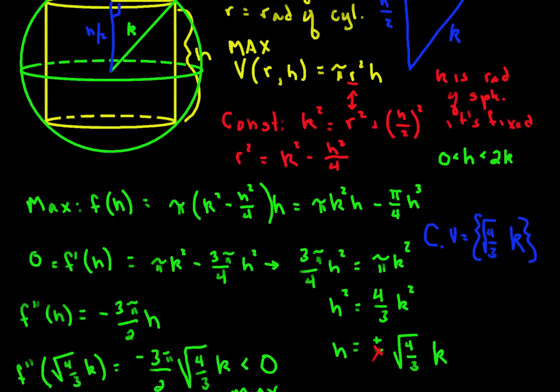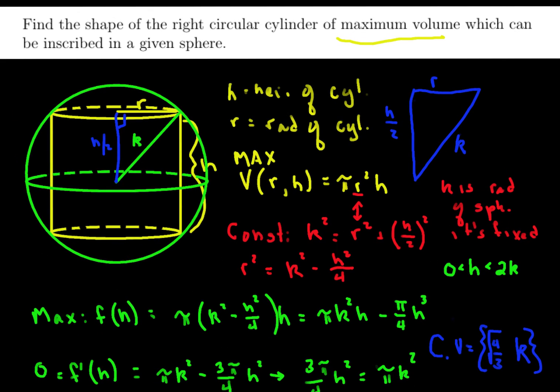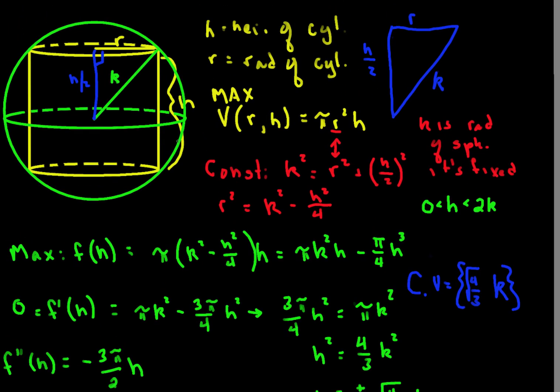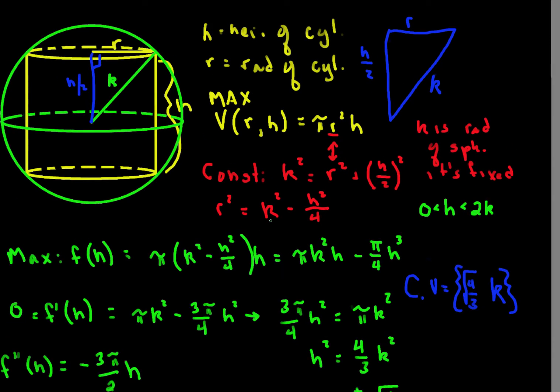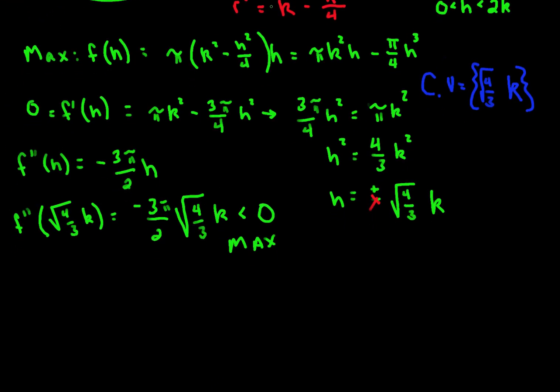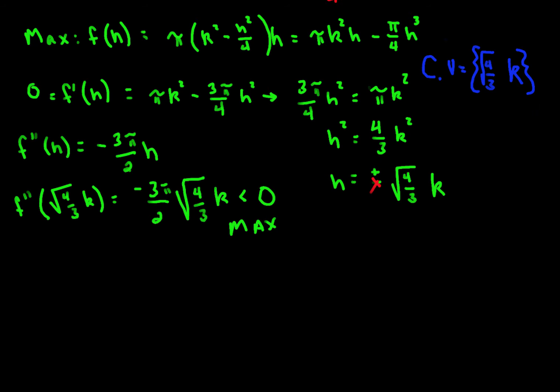And what are we asked for? Well, we're asked for the shape, or really the dimensions. And so I know what h is. h has to be root 4/3 times the radius of the sphere. And now let's solve for r. So r squared is equal to k squared minus h squared over 4.